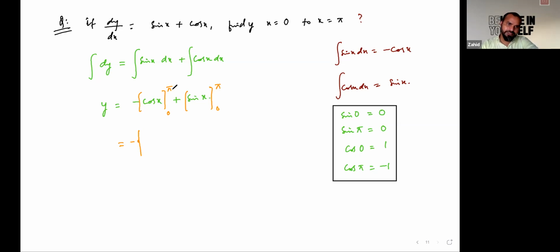First, put the value of x to be upper limit. So it will be cos of pi minus cos of 0 plus sine upper limit minus sine lower limit. Is it clear? Now try to simplify by putting all the values from this particular table.